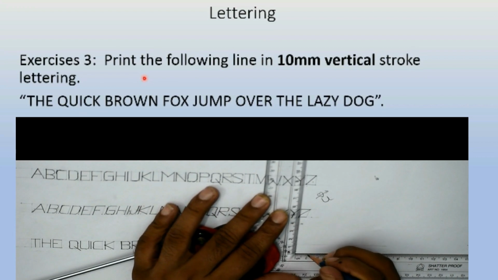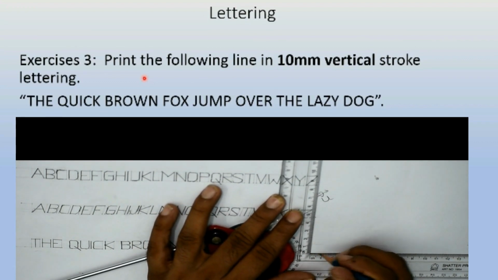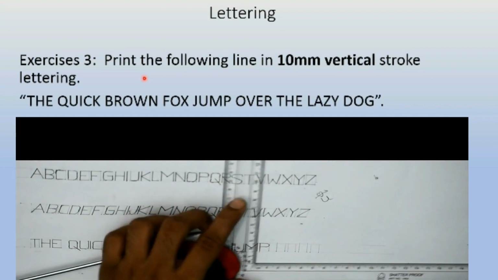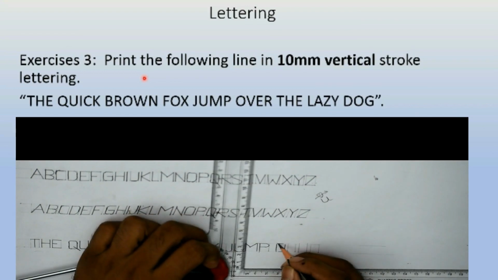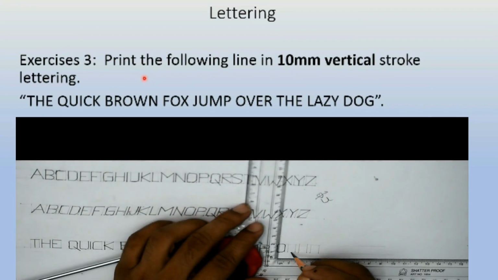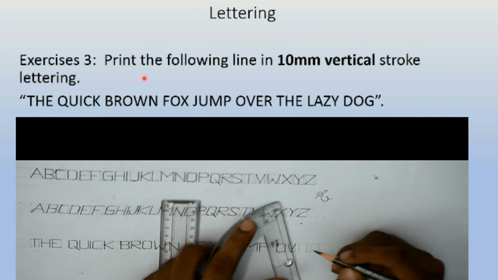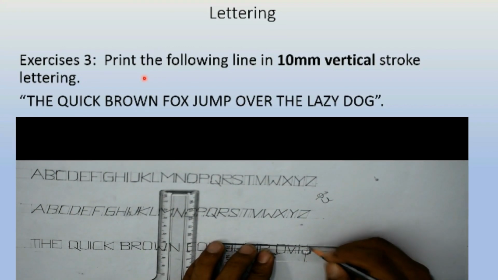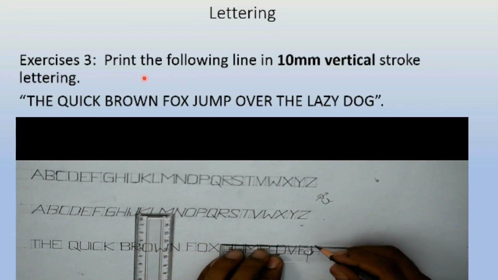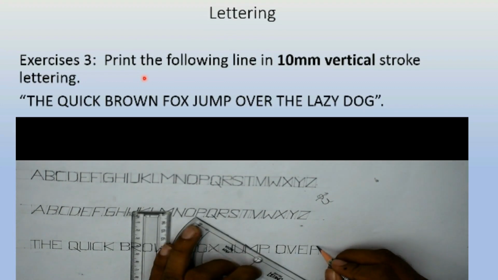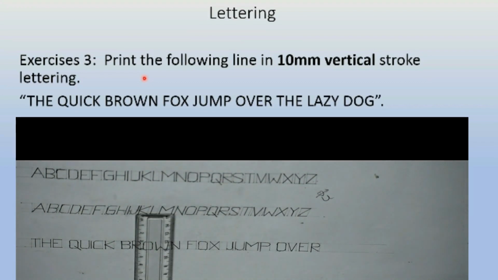O, V, E, R. Jump over. The lazy dog is left here.